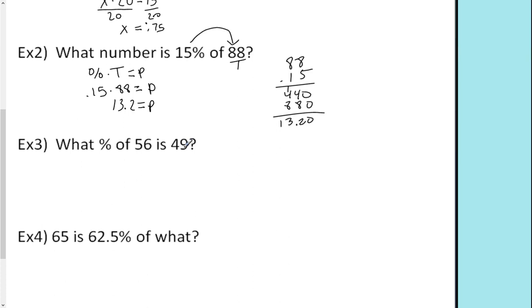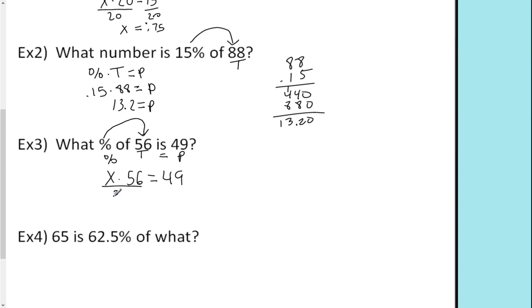What percent of 56 is 49? Well, what's the percent being taken from? From the 56. So this must be the total. "Is" means equals. This must be the part. So that must be the percentage, right? So fill in the blanks. X times 56 is equal to 49, right?